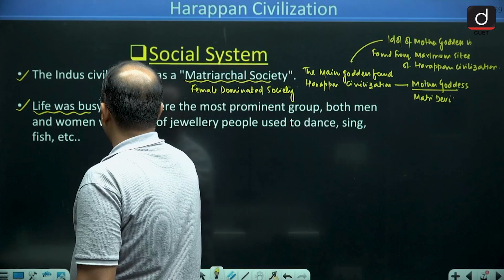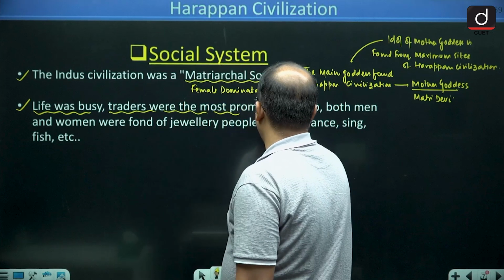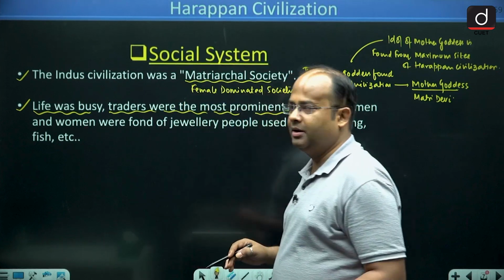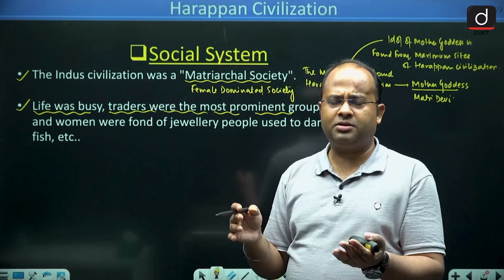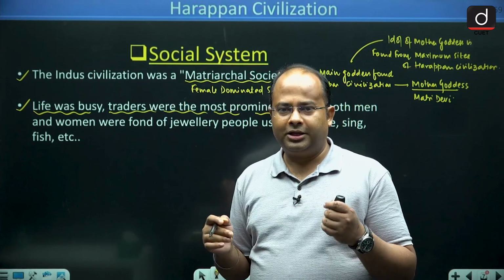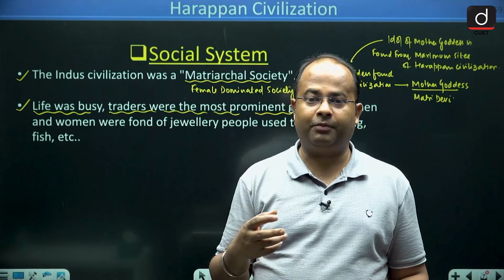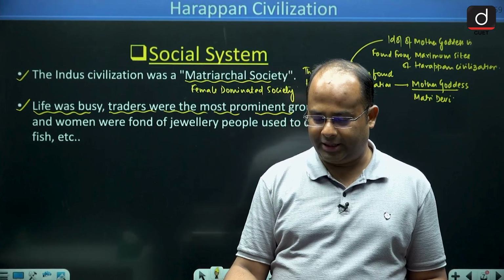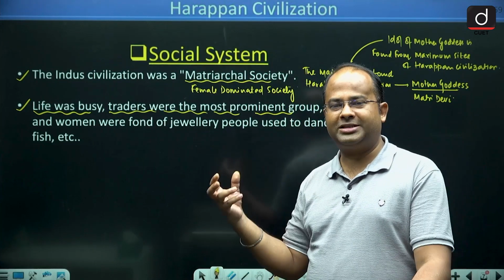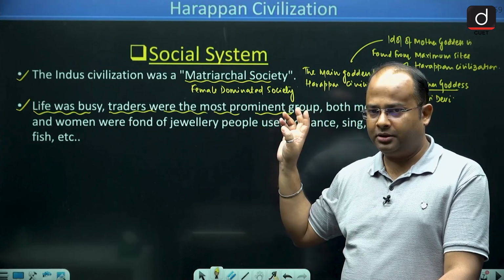So life was busy, and traders were the most prominent group, because there is no evidence of a ruling class or king class. You will not find much evidence of sharp-edged weapons, which were generally used by kings and the ruling class.